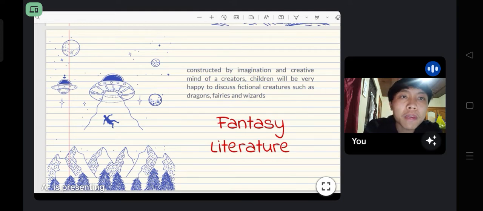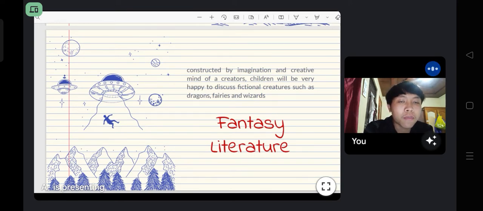So this will be good for young learners, and this kind of story also has a good plot and interesting story. Examples of this literary work relate to dragons, fairies, and wizards.